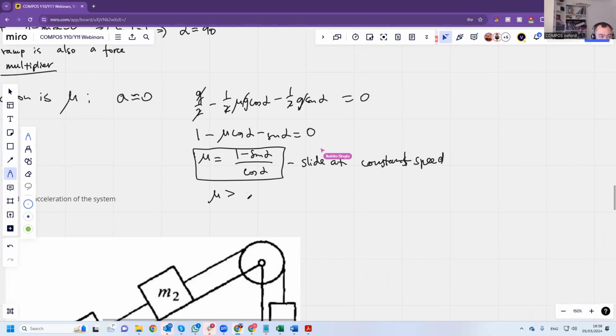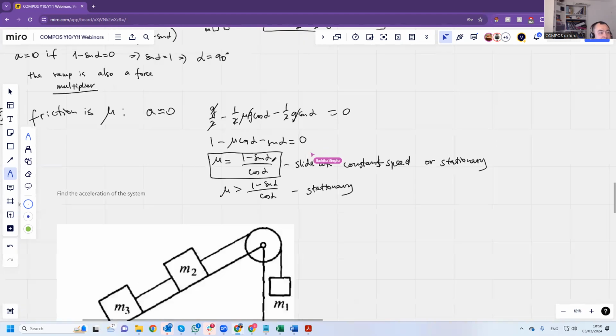If mu is greater than 1 minus sine alpha over cos alpha, it will be stationary. Constant speed or stationary.